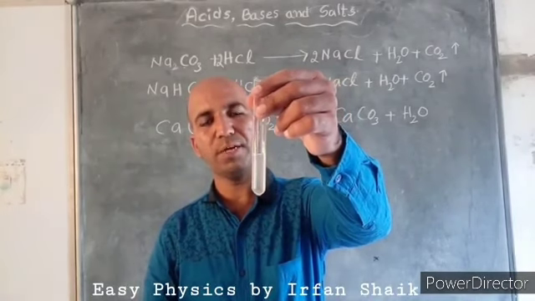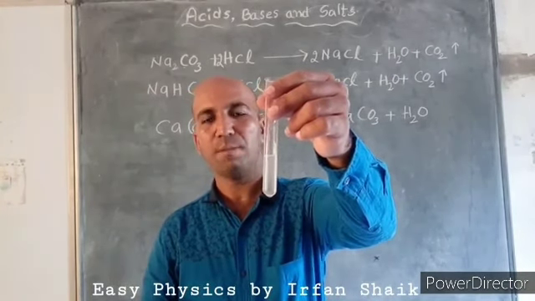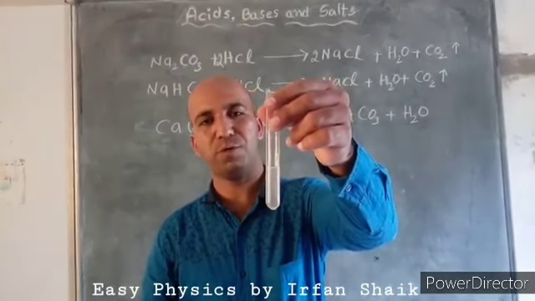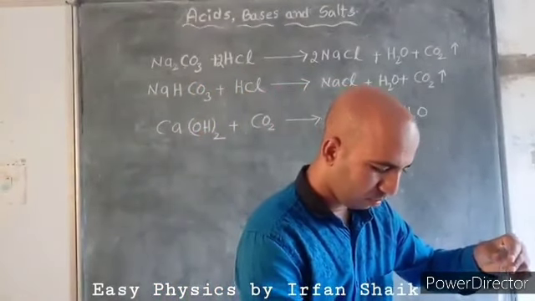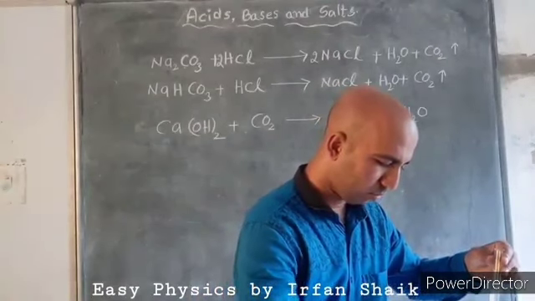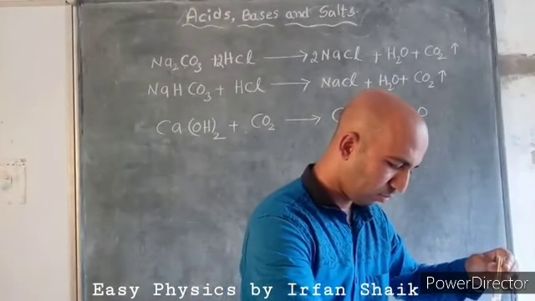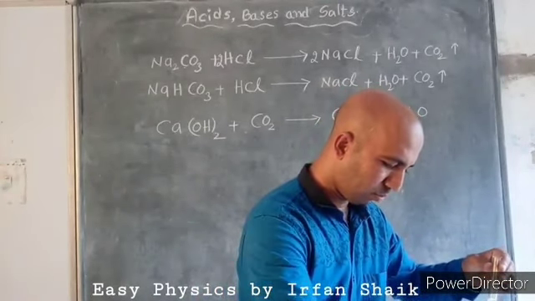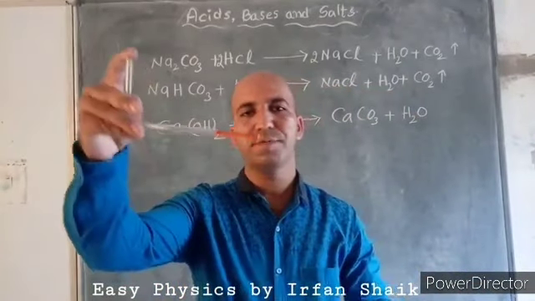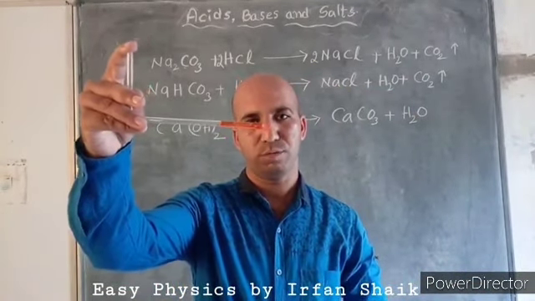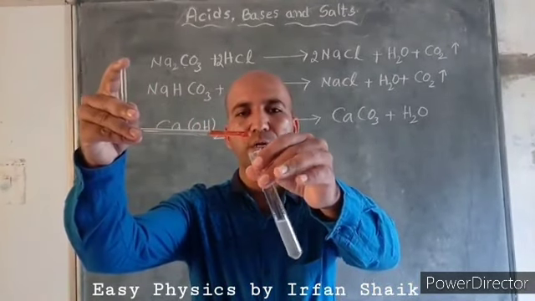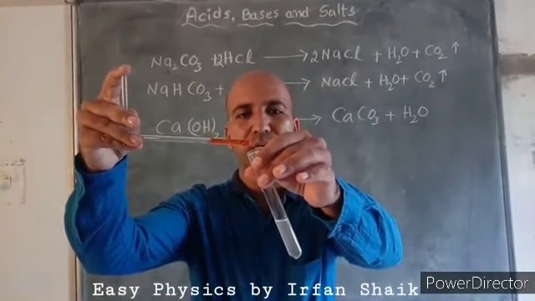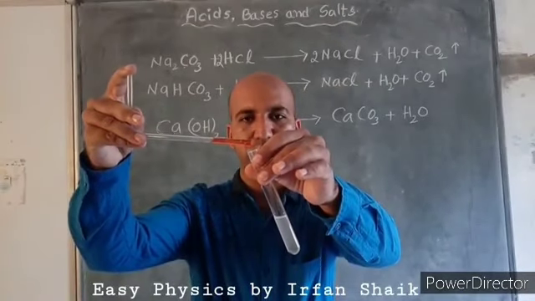To this sodium hydroxide, I am going to add a few drops of methyl orange. This is the methyl orange solution. Now I am going to add this methyl orange solution to this sodium hydroxide solution, that is the base.